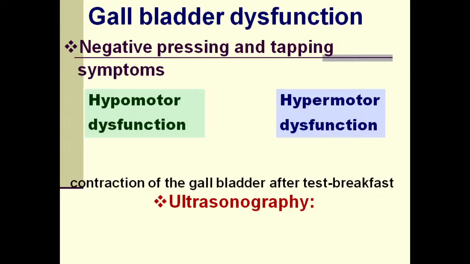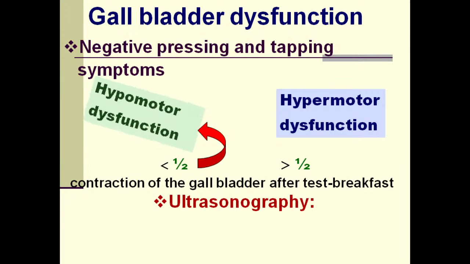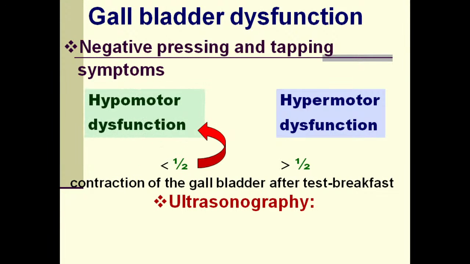We'll examine the gallbladder of the patient on an empty stomach and then give some breakfast, after which the gallbladder contracts, and depending on the volume of contraction, we can differentiate hyper or hypomotor dysfunction. If the contraction is less than 1/2 of the preceding volume, it is hypomotor. If more than 1/2, hypermotor dysfunction.